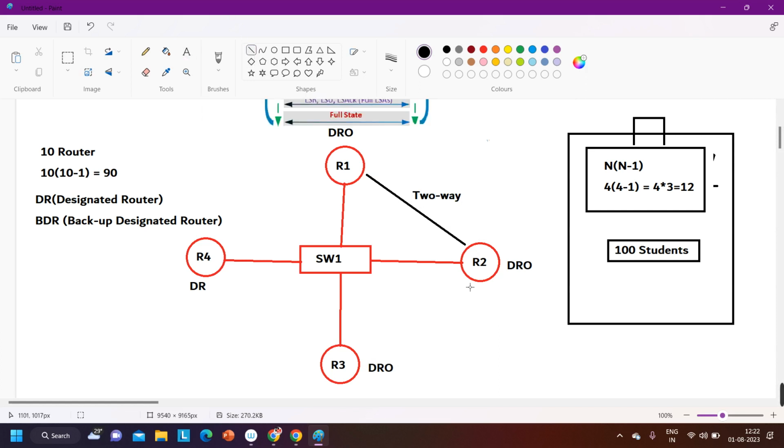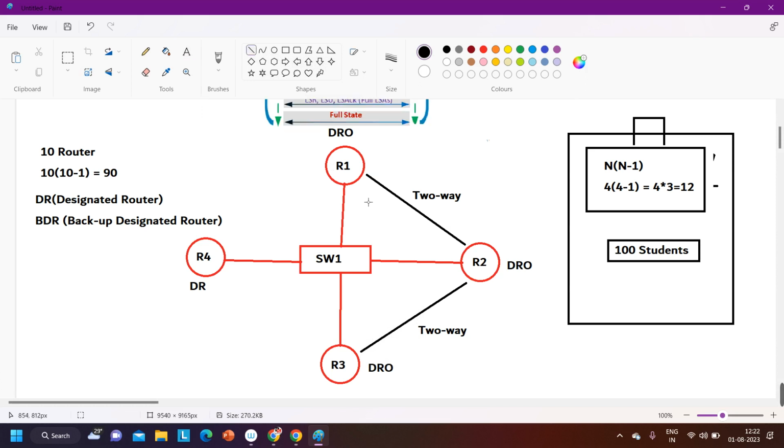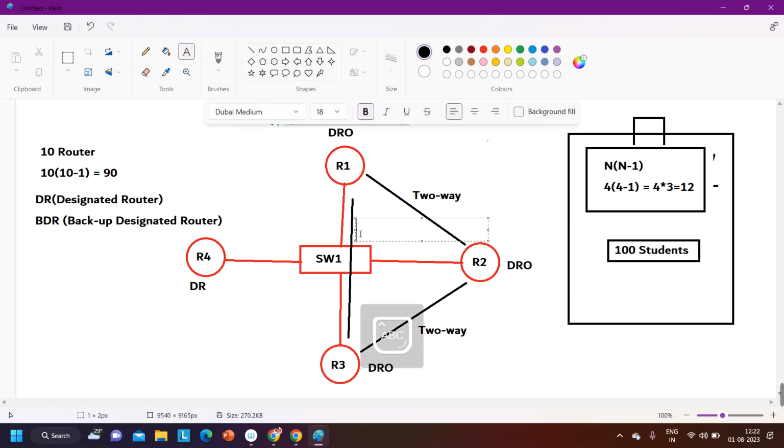So between router 1 and router 2, and router 3 also, neighborship will be till two-way only. And all DR others will form full adjacency with the DR router.